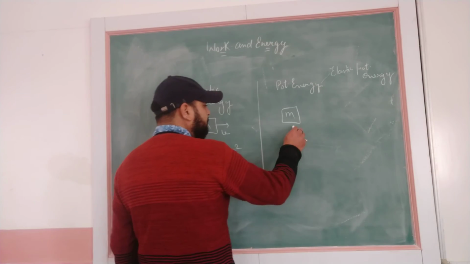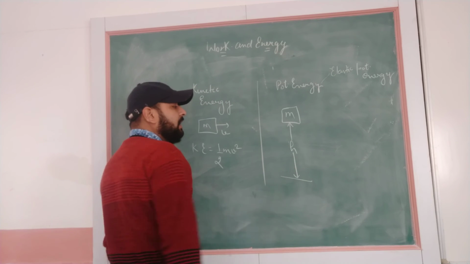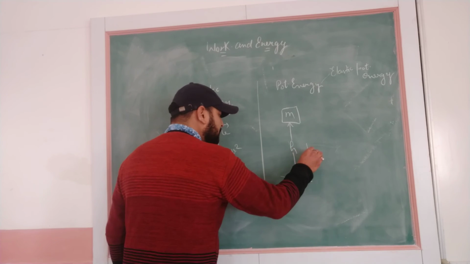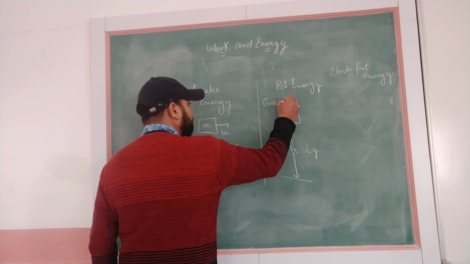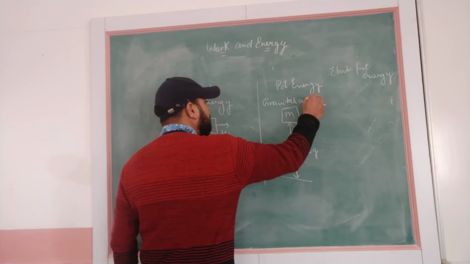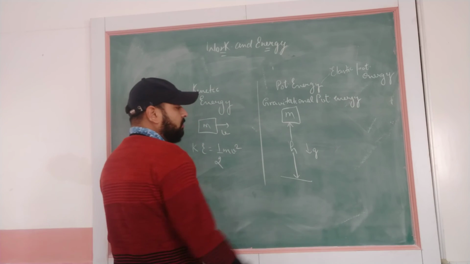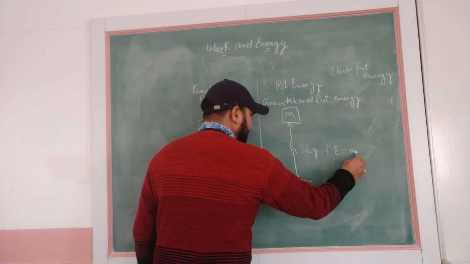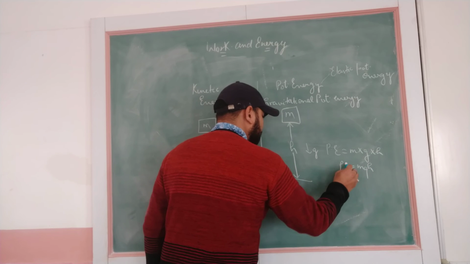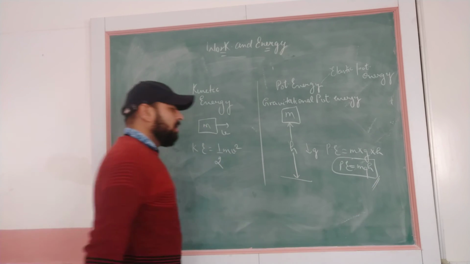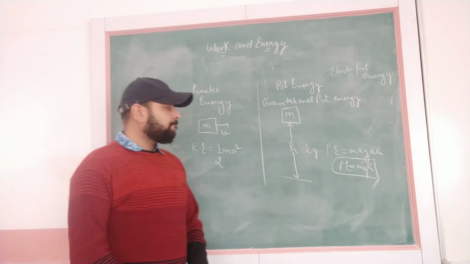On the other hand, the energy present in an object when it is taken to a height against gravity is known as gravitational potential energy, because in such a case the work is done against the gravitational force of earth. So potential energy is represented by m into g into h, that is mgh. Potential energy is represented as mgh, right?